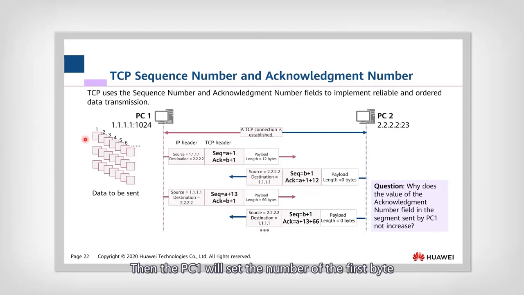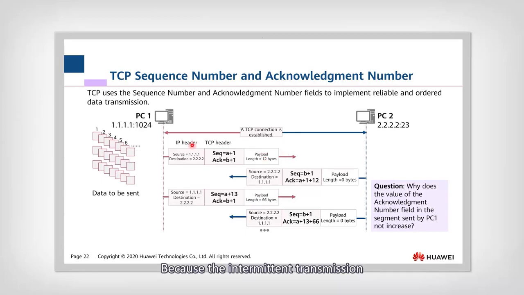PC1 gives the sequence number of the first byte as the sequence number of the packet. So the sequence number of this packet should be A plus 1, and then they send this packet to the receiver. In the next packet, the first byte number is A plus 13, so the sequence number should be A plus 13, which is also the number of the first byte.